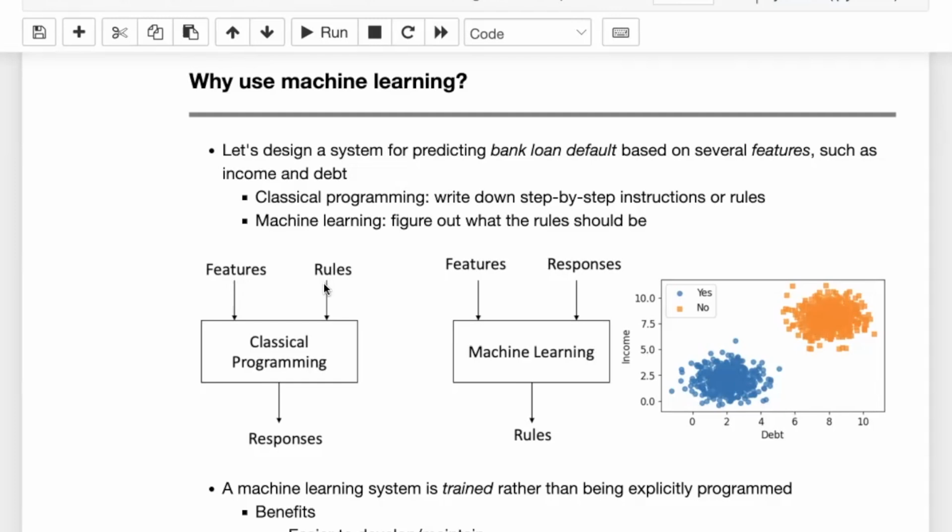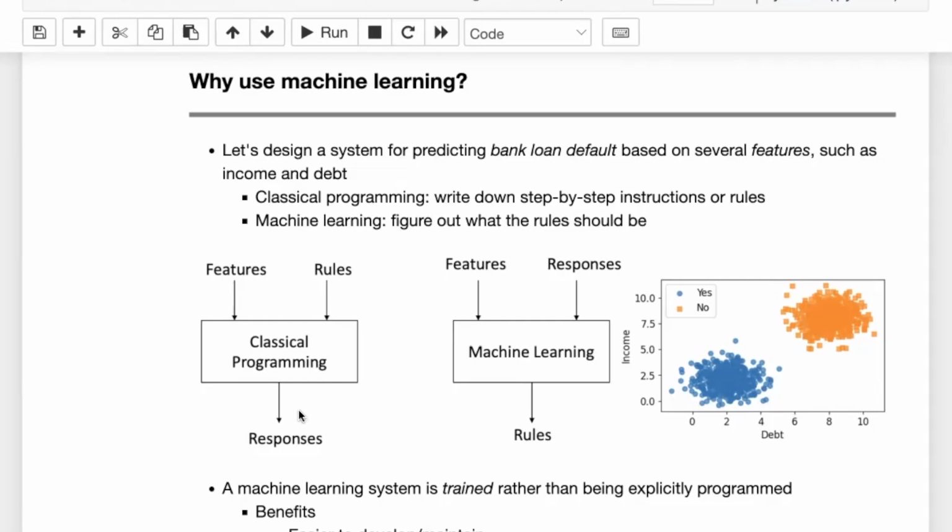For example, if the debt to income ratio is greater than some number, so you have to do your research, figure out what those numbers are, then we find some responses, meaning that, for example, if the ratio of debt to income is greater than 0.5, then it is very likely that the applicant won't be able to pay the loan on time.